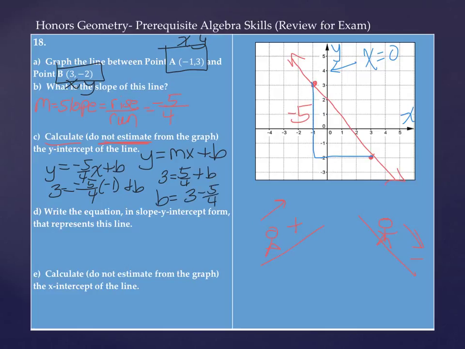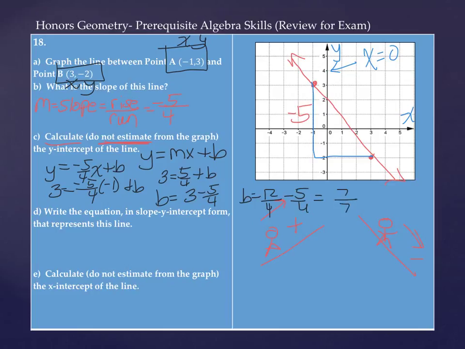How do I simplify that? I'm going to represent 3 wholes in fourths. So b equals 12 fourths, which is the same thing as the number 3, minus 5/4. And 12 minus 5 is 7.